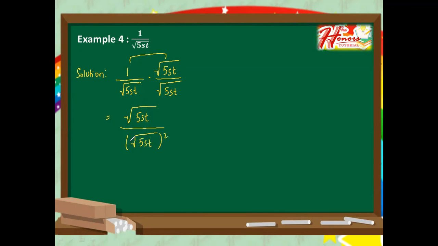Since our index here is similar to our exponent outside, though we cannot see this index, but it is 2, let's cancel this out and this one. So therefore, in our denominator, we have here 5st. And in our numerator, we have here the square root of 5st. So this is the final answer, the square root of 5st over 5st.